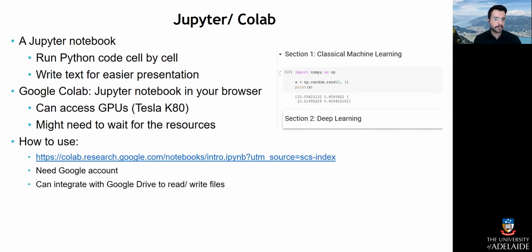So I assume installation is easy, but for Jupyter Notebook, you can see an example on the right-hand side. The good thing is that you have smaller cells, both for writing text and for writing code.